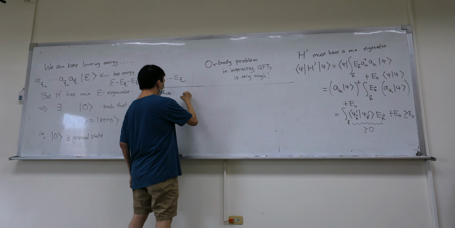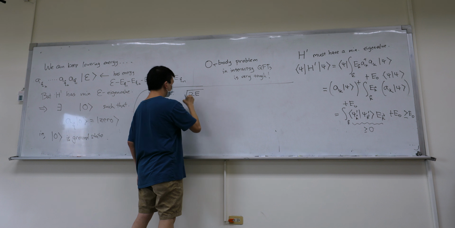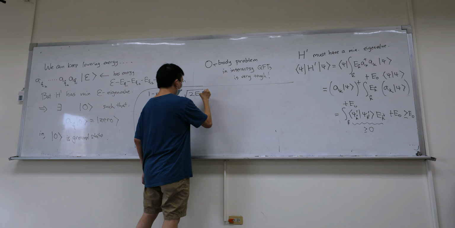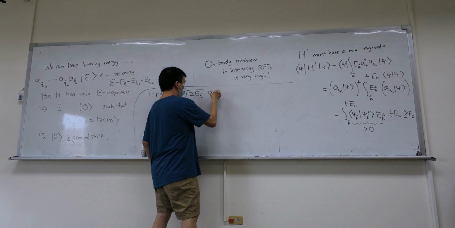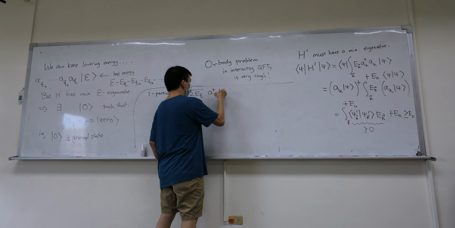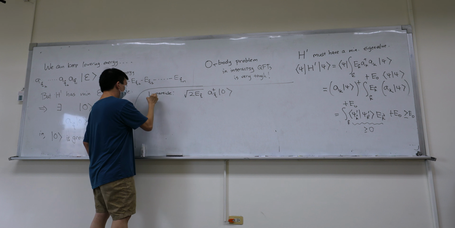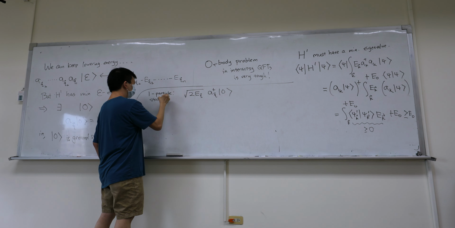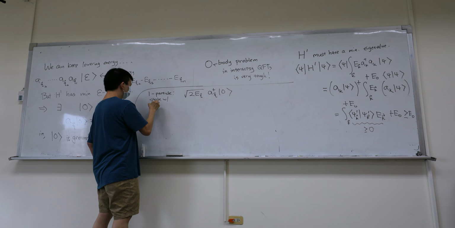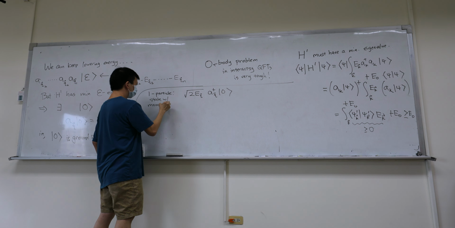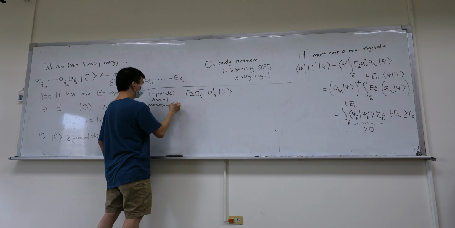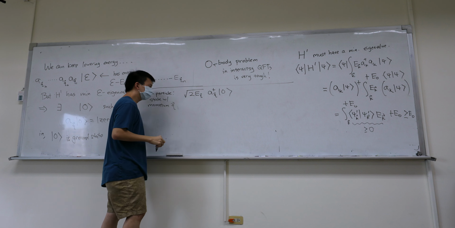I will need to introduce a factor of the square root of 2 times the energy, and then multiply it by the raising operator. So this is the one particle state with momentum Q. Okay, that's this guy here.